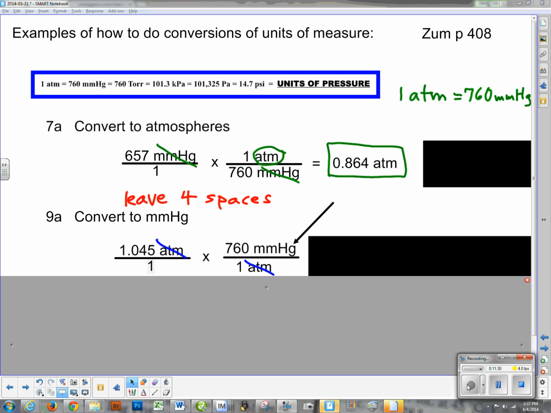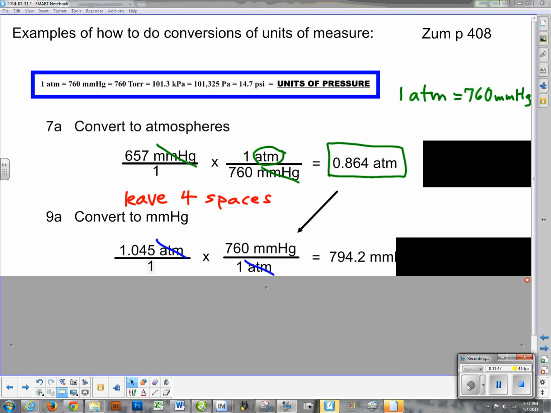Why? Because here we started with atmospheres, so atmospheres had to be on the bottom. Where here, we started with millimeters of mercury, so millimeters of mercury had to be on the bottom. Okay? Good thing to point out and realize. And then you have a multiply problem, and that's it. So circle your answer or box it, and you're done with that guy.